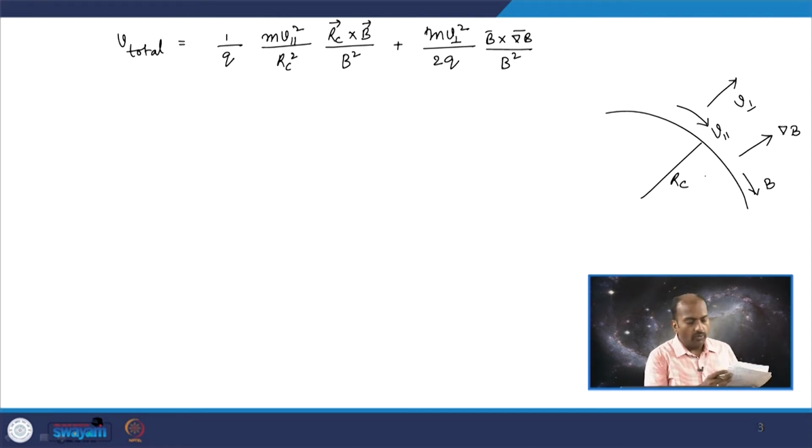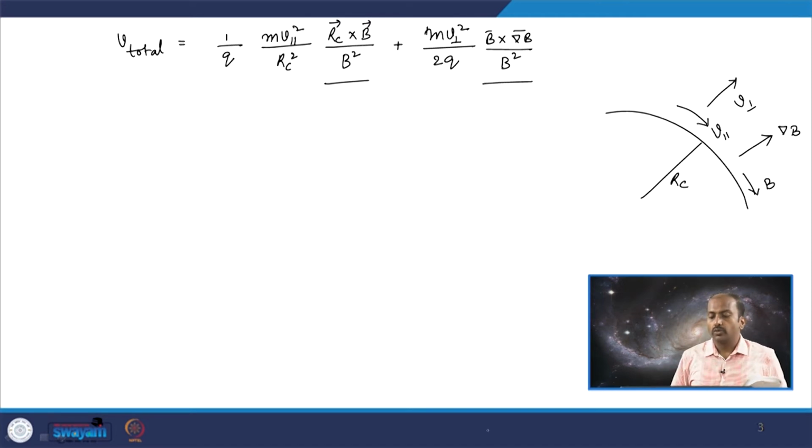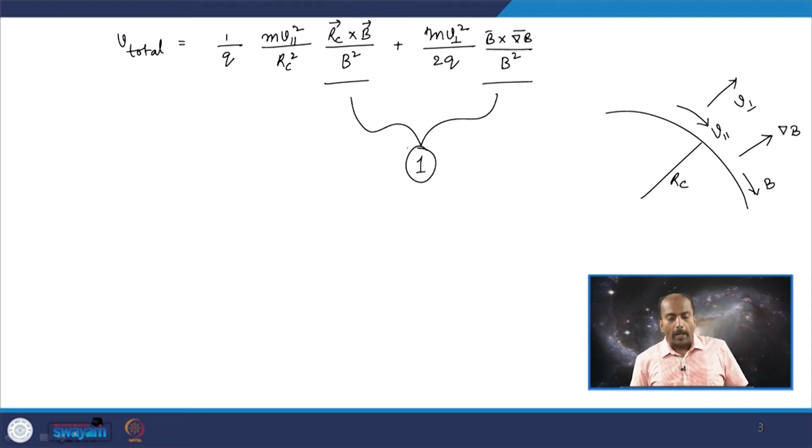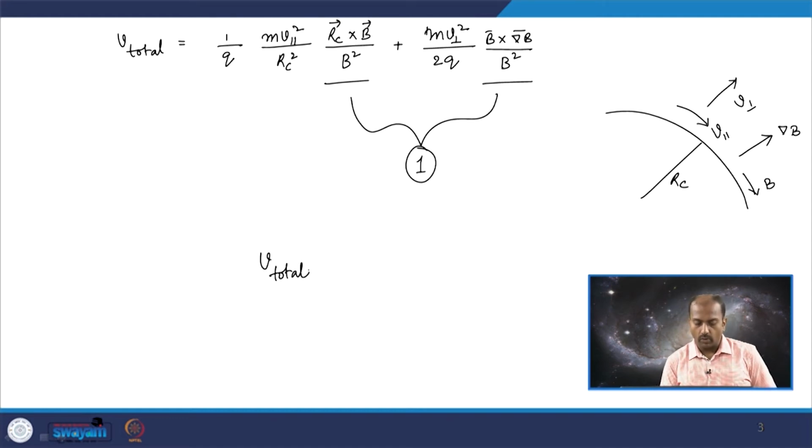For now, we will combine these two curl terms, these two cross products. Instead of these two cross products, we will try to get one cross product. One very important inference here is that V total, the total drift velocity, is perpendicular to RC, perpendicular to the magnetic field, and also perpendicular to the gradient of the magnetic field.